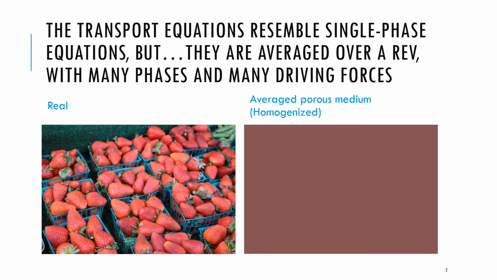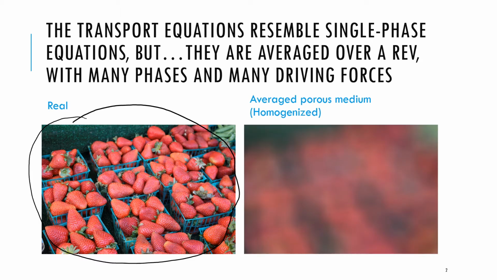They're not averaged over the entire domain like this. They're not averaged this way. Instead, they're averaged locally, like this one, over what's called a representative elementary volume.